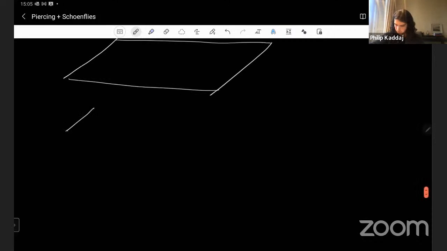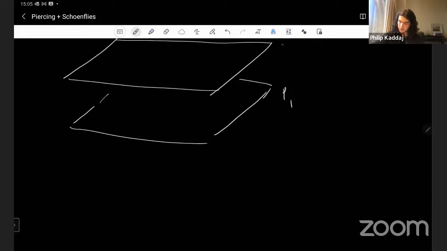So suppose we have two planes, P1 and P2, and line segments between them such that the endpoints lie on different planes and the line segments don't intersect each other.